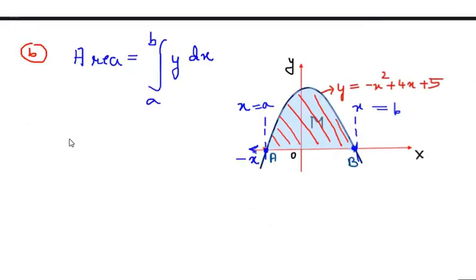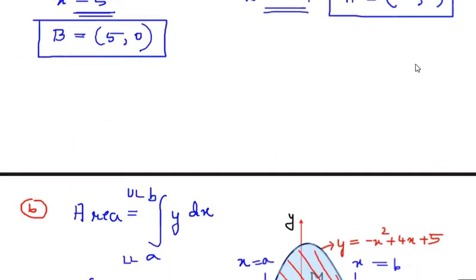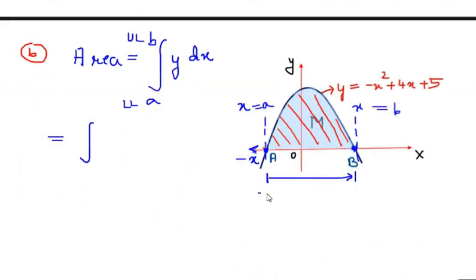So here what we are going to do is integration. Now the lower limit is the negative value, so the area starts from this point and moves towards the positive side. So always remember, this is the lower limit and this is the upper limit. In a we had got the value of a as -1, 0, and b we had got as 5, 0.